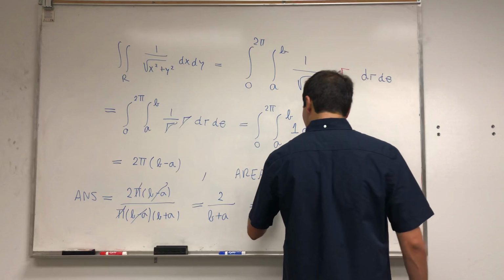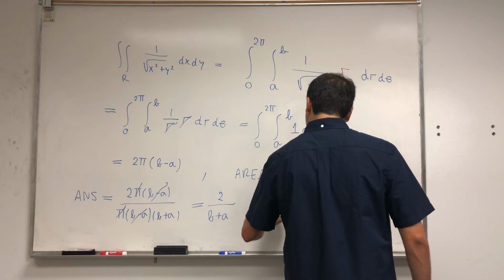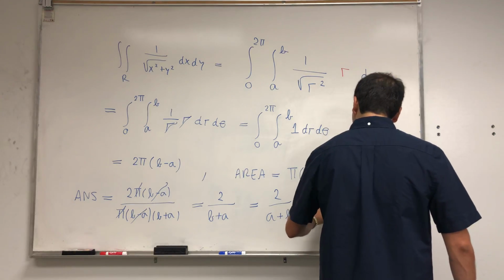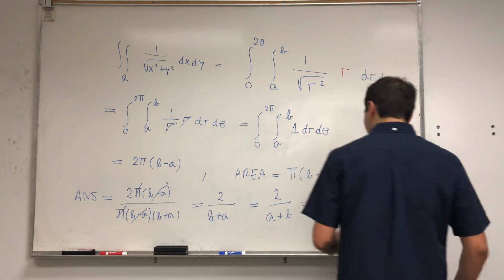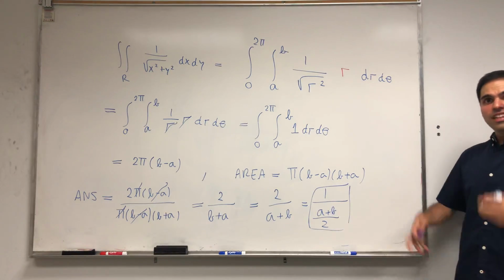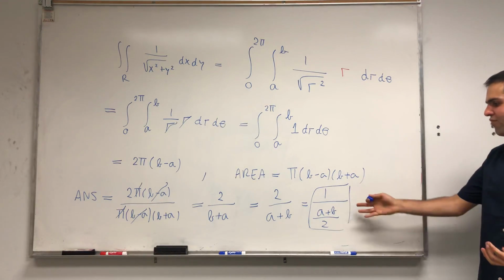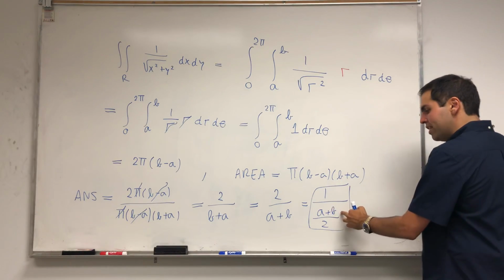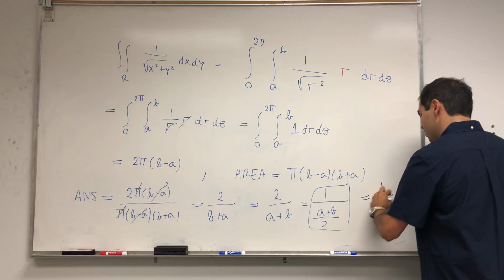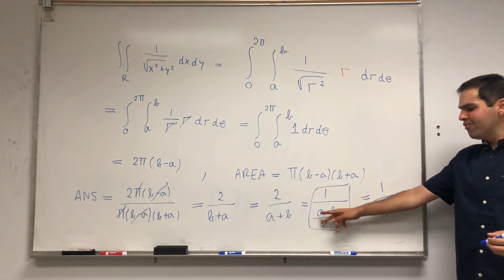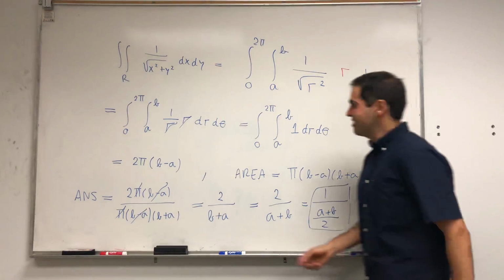So it becomes 2 over a plus b, and that's really 1 over the quantity a plus b over 2. In other words, the average value of this function over the ring is just 1 over the average value, let's write it x bar, of the radii of the rings.